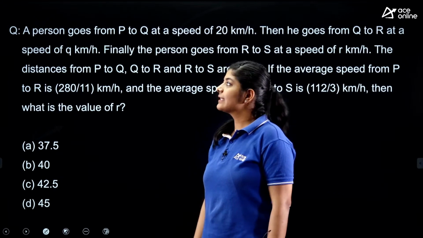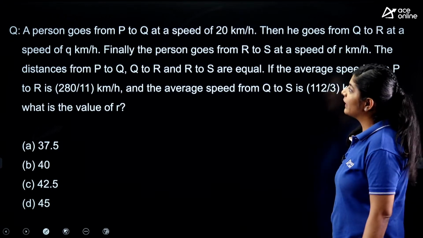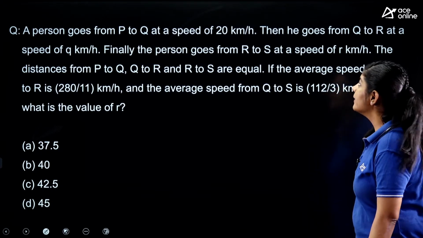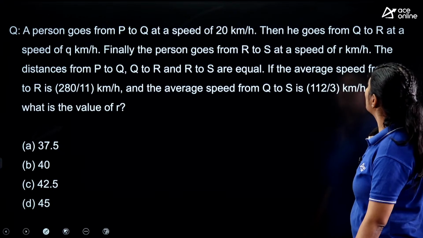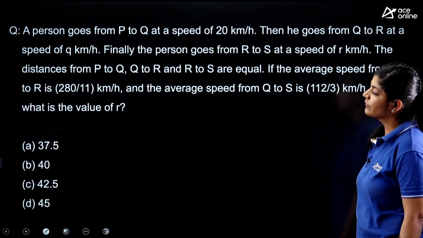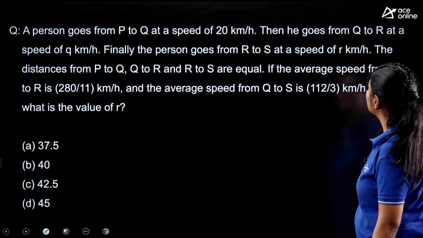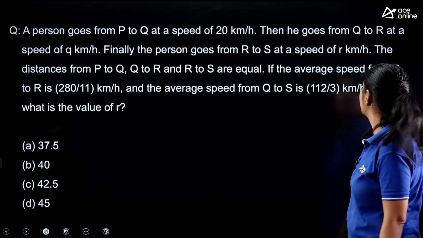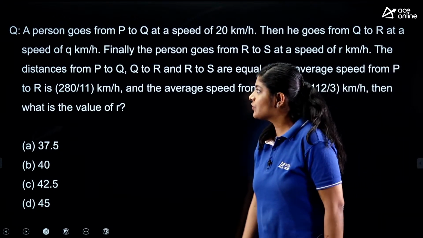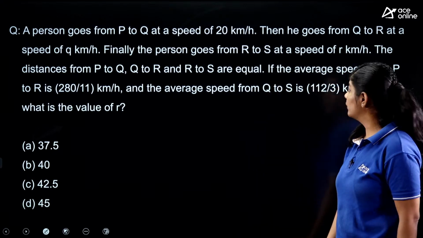The next question says that a person goes from P to Q at a speed of 20 km per hour. Then he goes from Q to R at a speed of q kilometers per hour. Finally, the person goes from R to S at a speed of r kilometers per hour. The distances from P to Q, Q to R and R to S are equal.